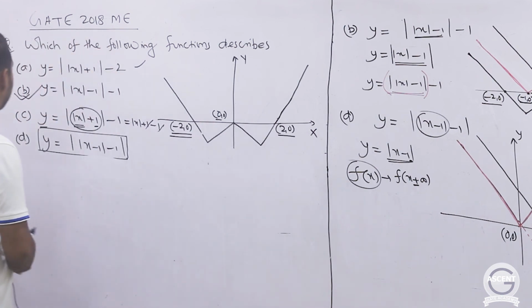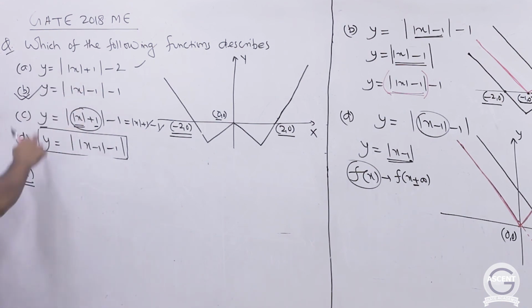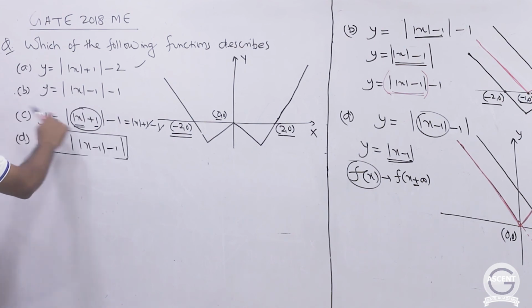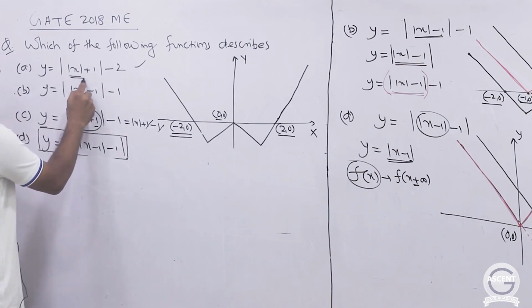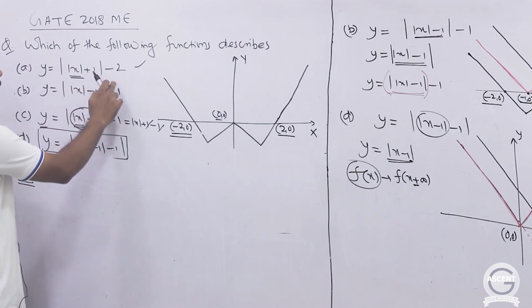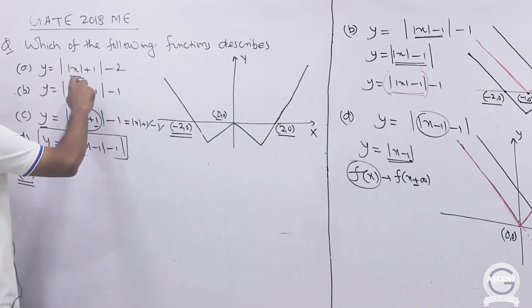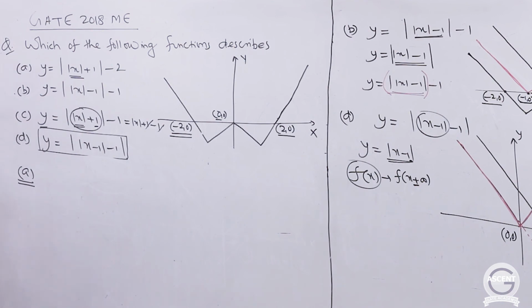So if we start from option A, then you can see that if I place x equals to 0 here, then I should get y equals to 0, right? Because 0 0 is lying on this graph. But you can clearly see that if I place x equals to 0, then I will get 0 plus 1 minus 2. So when x is 0, this function is giving us y equals to minus 1. So therefore this option A is incorrect.